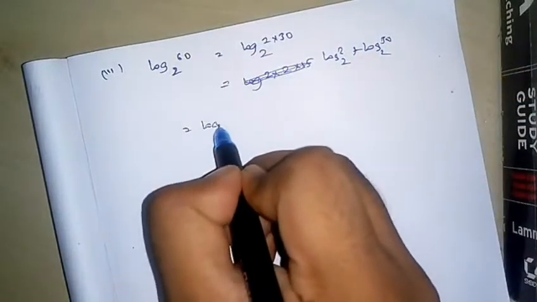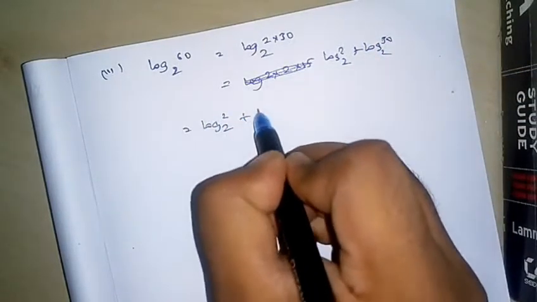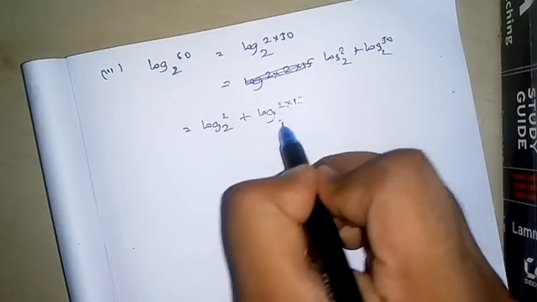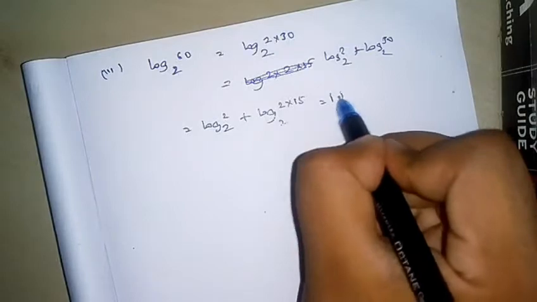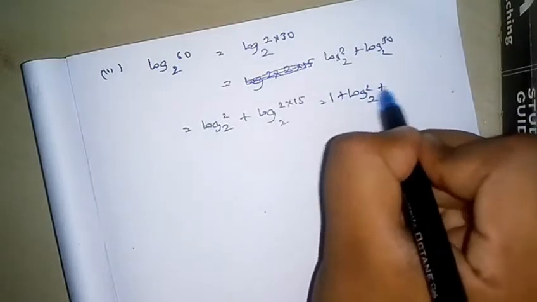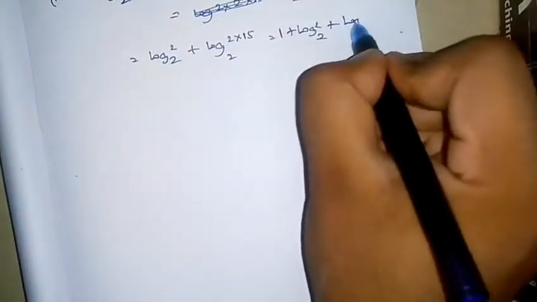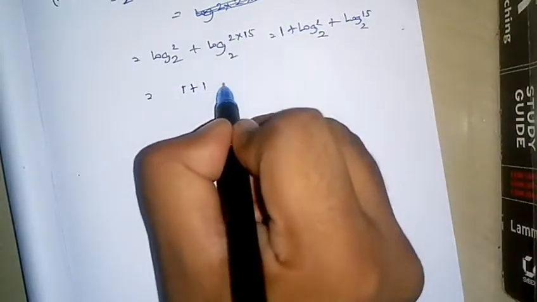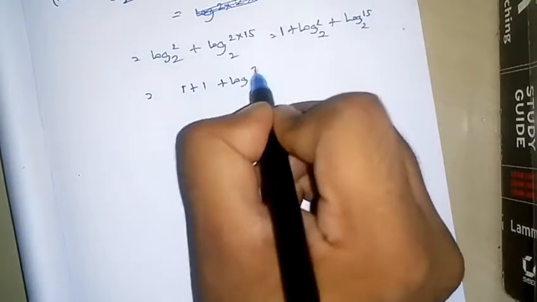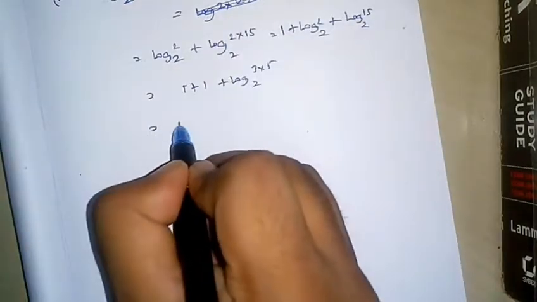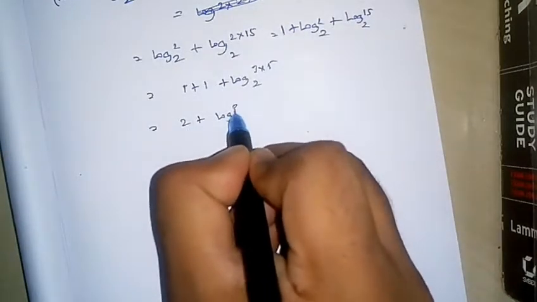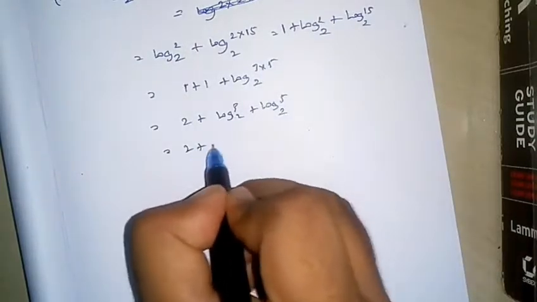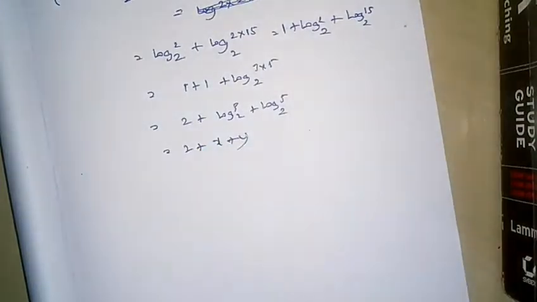Log 30 can be written as log 2 into 15 base 2, which is equal to 1 plus log 2 base 2 plus log 15 base 2, which is equal to 1 plus 1 plus log 3 into 5 base 2, which is equal to 2 plus log 3 base 2 plus log 5 base 2. This can be written as 2 plus x plus y.